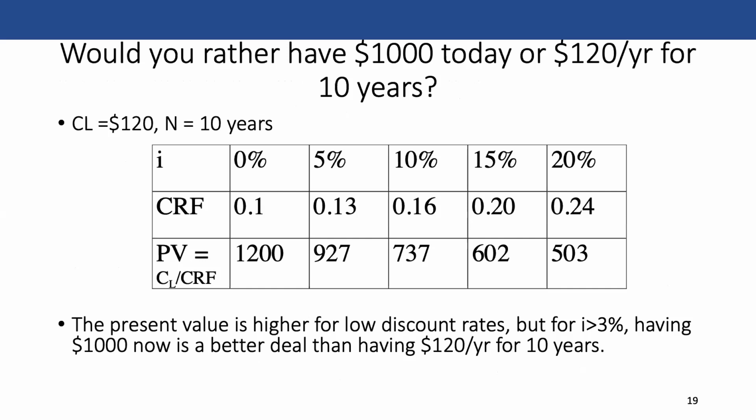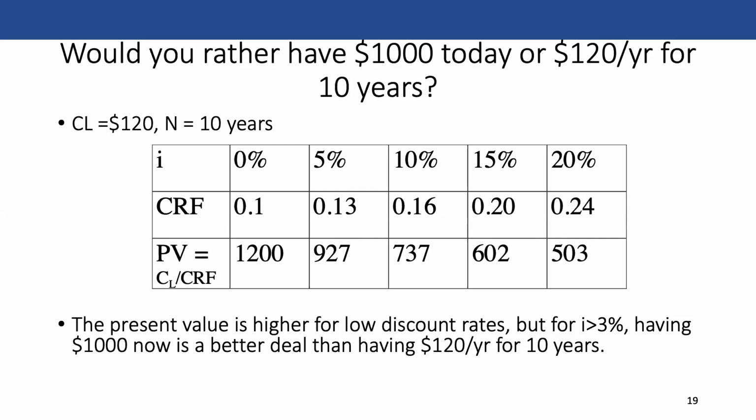Okay, so back to that question of would you rather have $1,000 today or $120 per year for 10 years? Okay, so this depends on your discount rate. And so at a 0% discount rate, which is basically saying that the value of money at any point in time is the same, which isn't really true for anyone, then the value of the money would be just 10 times 120.